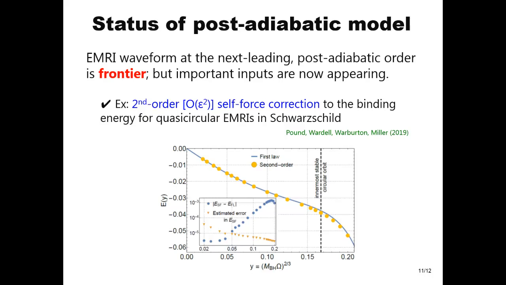Displayed here is the second order self-force correction to the binding energy, which is one of the main input ingredients to have the phase evolution. This is computed for quasi-circular EMRIs in the Schwarzschild case, and plotted here is the second order binding energy as a function of the circular orbit frequency. It is only done for the quasi-circular case in Schwarzschild, but its extension to other configurations, eccentric or Kerr, is underway.